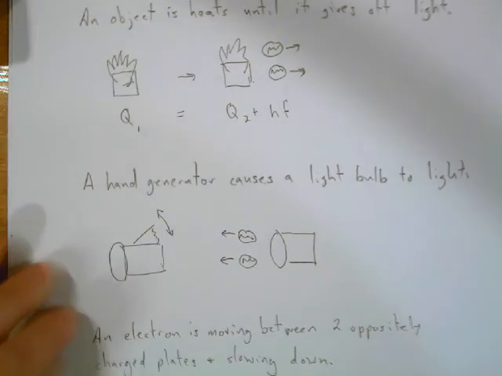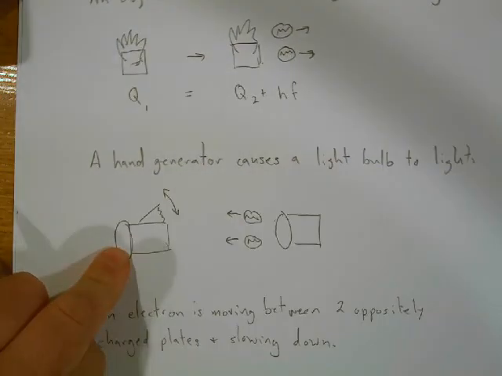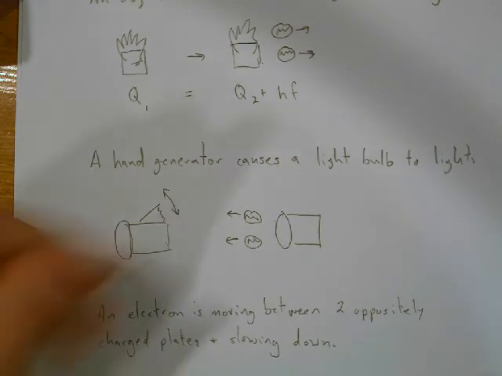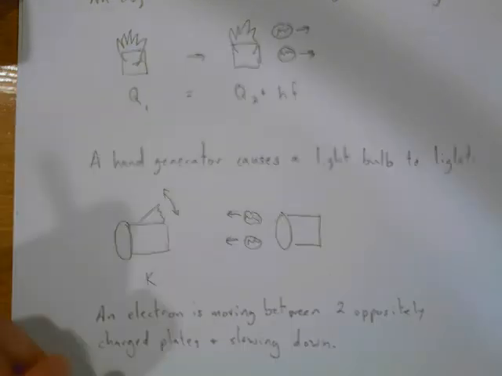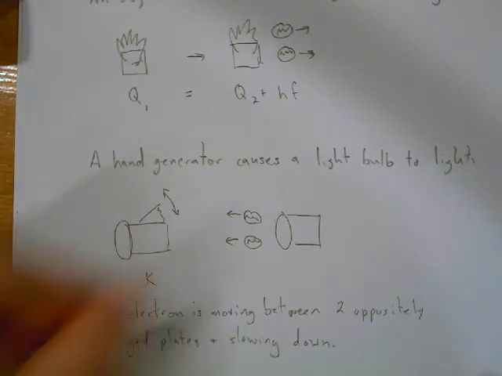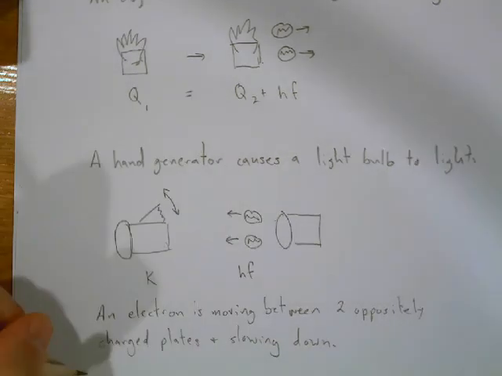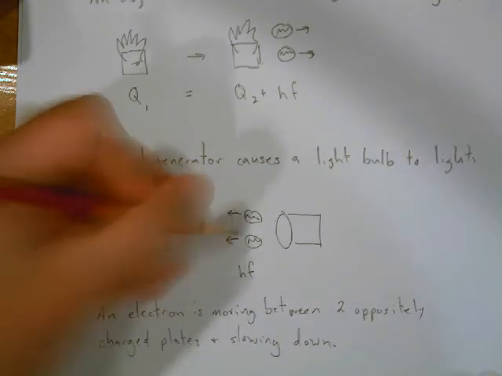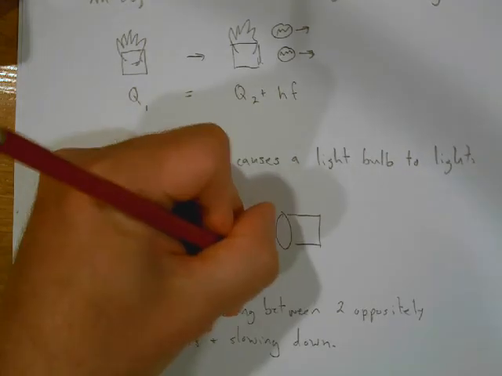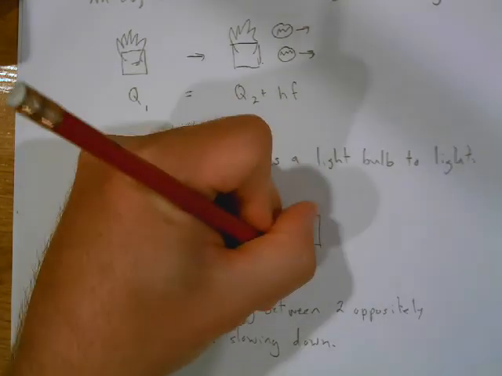So if we're starting here, you would have kinetic energy because it's moving, and then you're ending up with HF because light, and you would probably also have some heat.